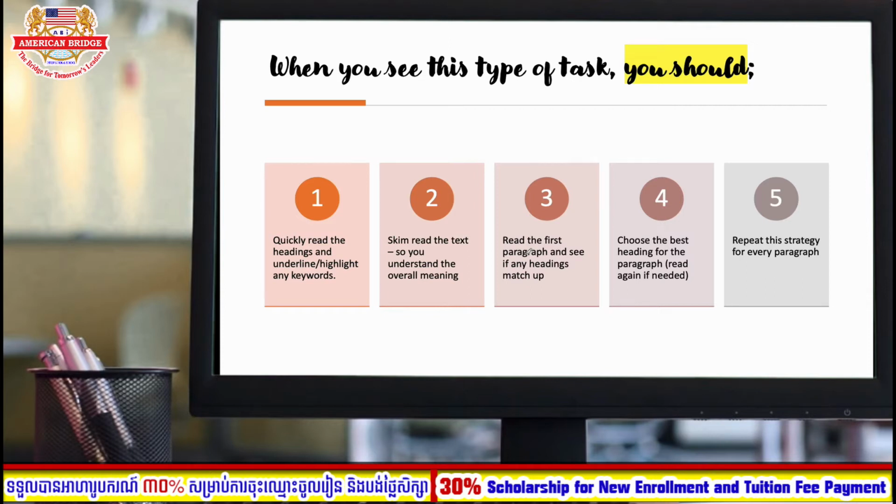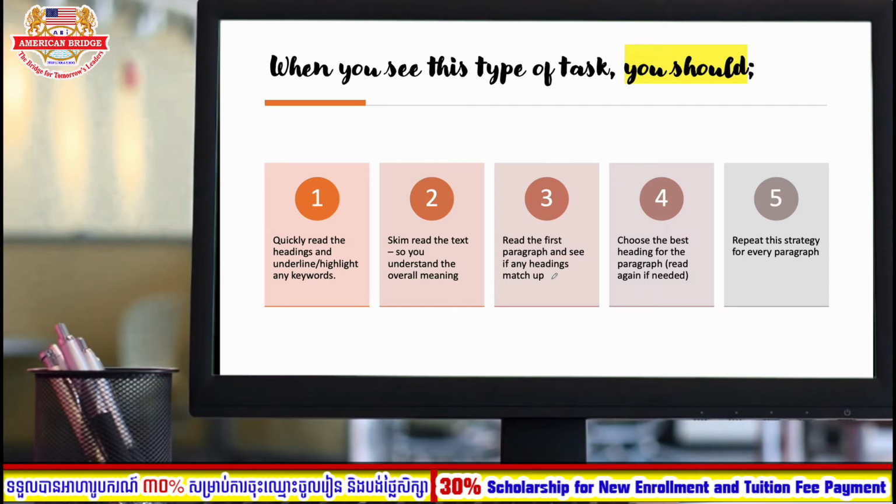In this conclusion, there may be some hints or clues for you to know what the paragraph is mainly about, so you can get the idea of which heading fits that particular paragraph. For step number 4, choose the best heading for the paragraph. When you get the information from the first sentence and the last sentence of the paragraph, you're guessing.